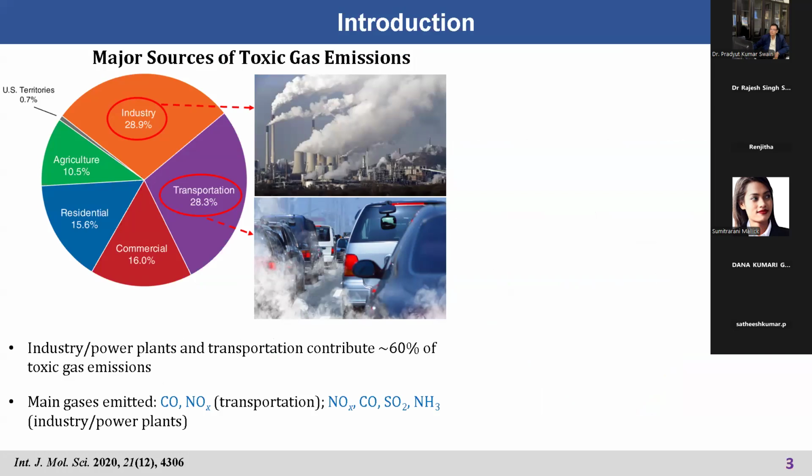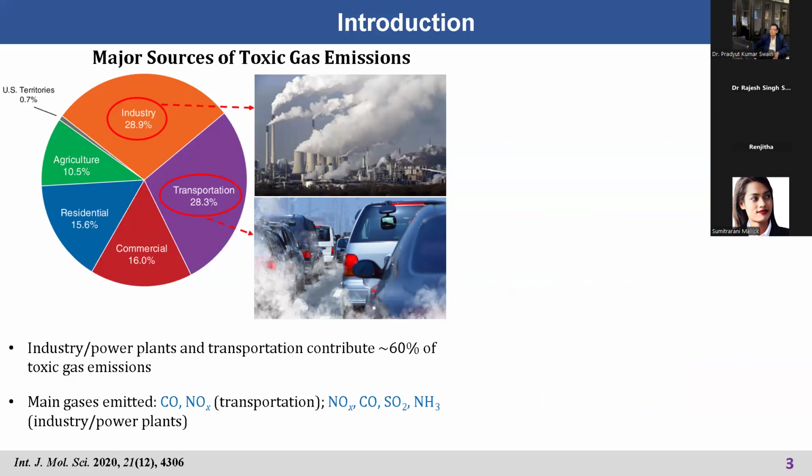If you see where the major emission of gases is coming from, about 60% is coming from industries, like any production industry, power plants and transportation. What are the main gases present in these industrial emissions? That is COx, NOx, and SOx, and ammonia gases.